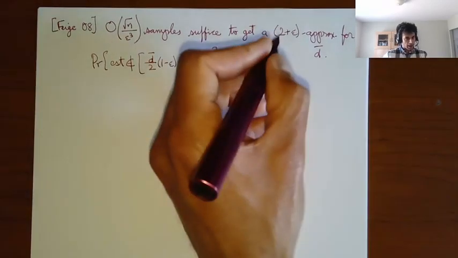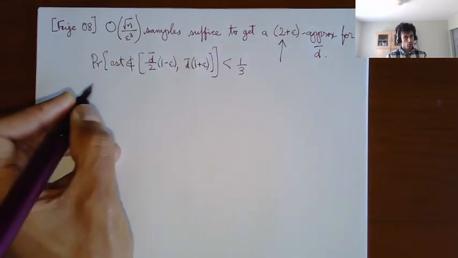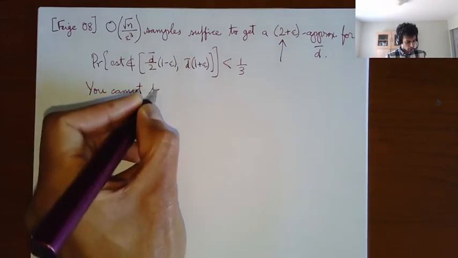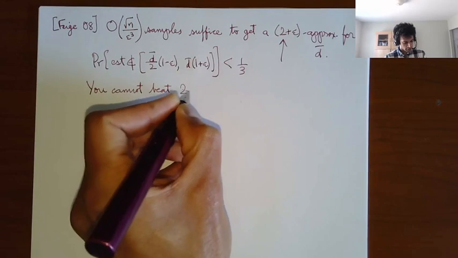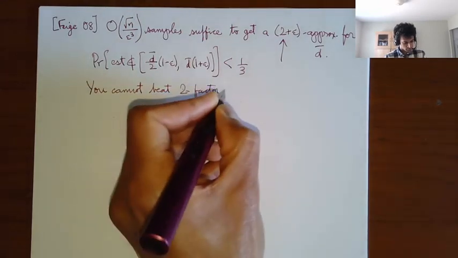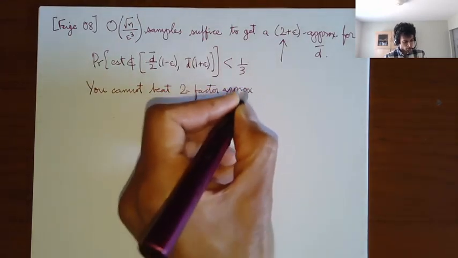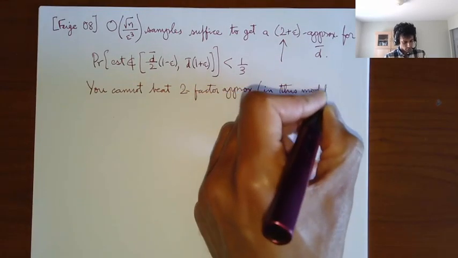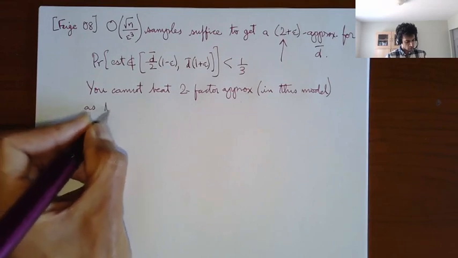And you might say, but why is it a 2? Well, you cannot beat a two-factor approximation in this model, as the star shows.